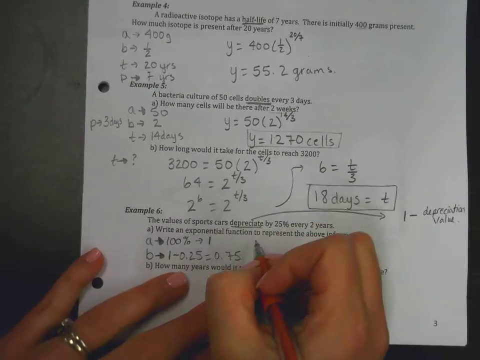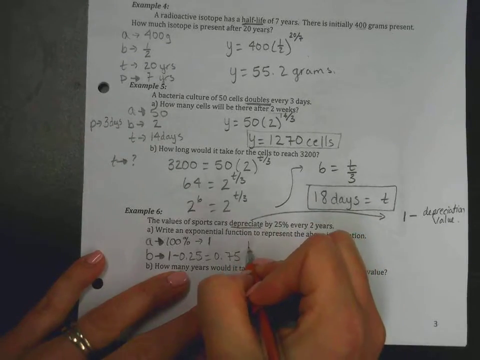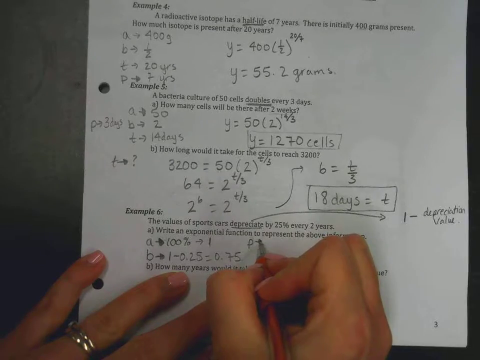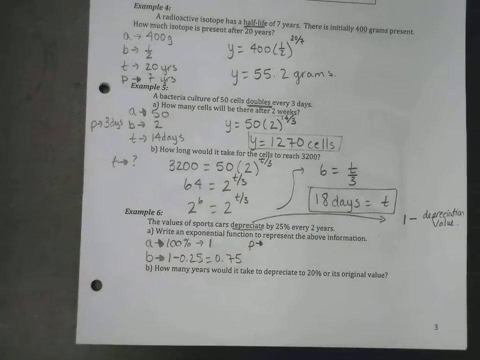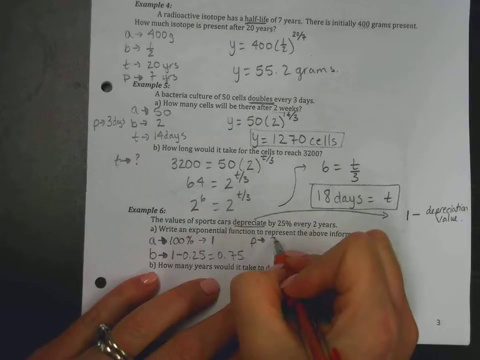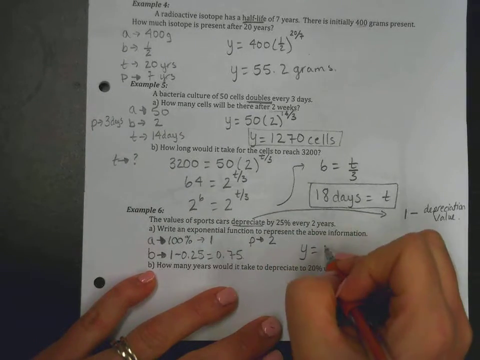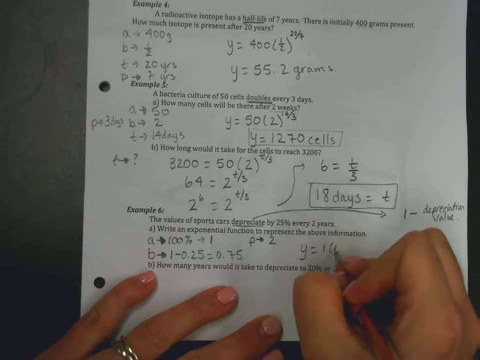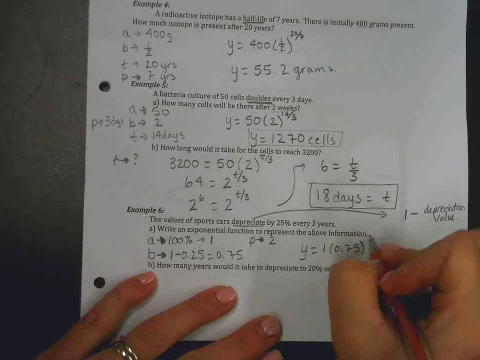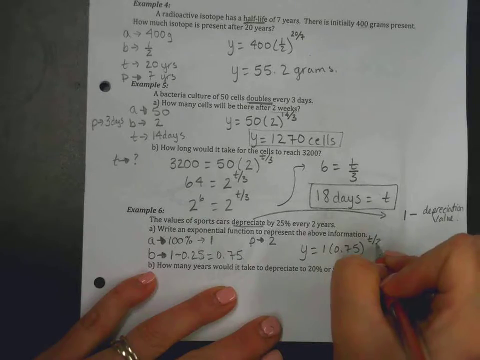Okay, now we're just writing an exponential function, so that means we don't know our value of time. Time is always changing, but our depreciation time is every 2 years, so P is going to be equal to 2. So our exponential function would look like the following: 1 times 0.75 to the power of T over 2.